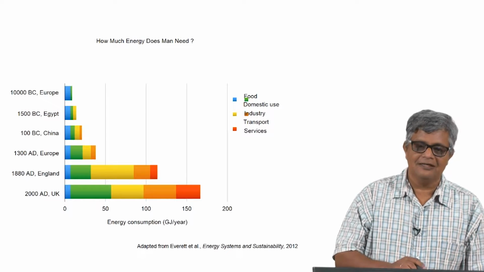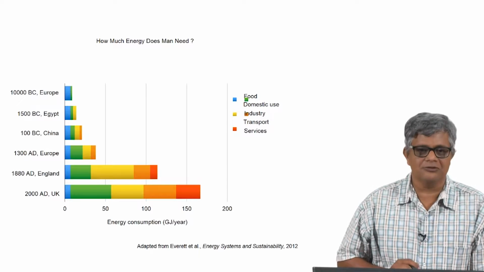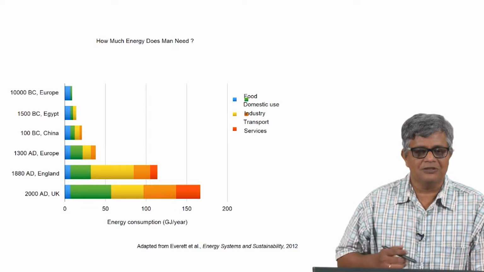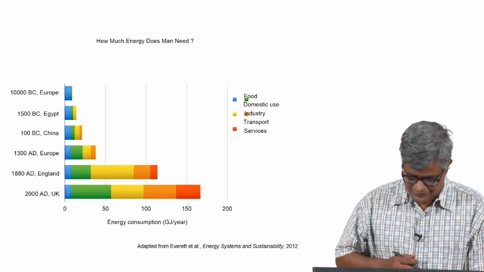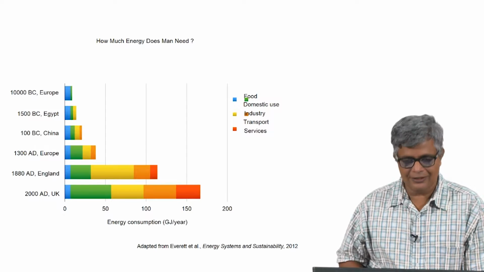If you look at maybe the prehistoric man in Europe 10,000 BC, at that time there is the need for human needs in terms of the food and other things, and that would be slightly less than 10 gigajoules per year. You have the unit here, gigajoules per year.